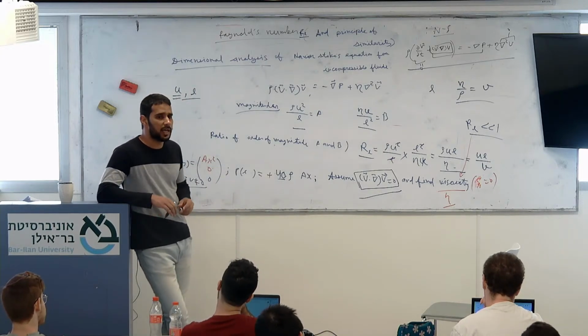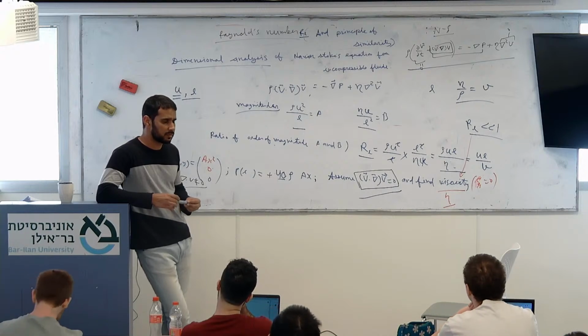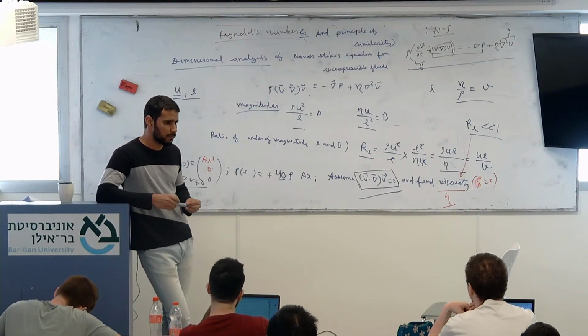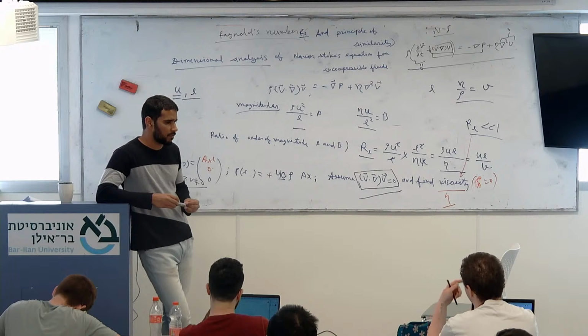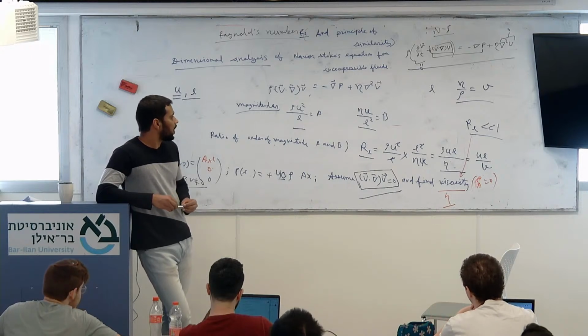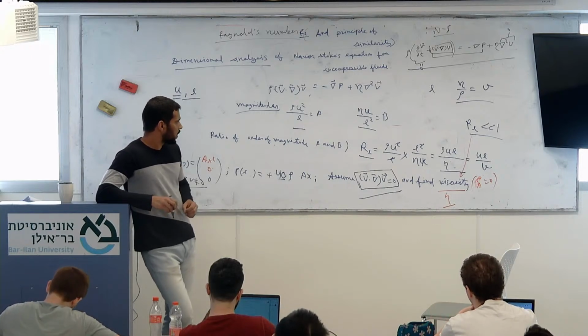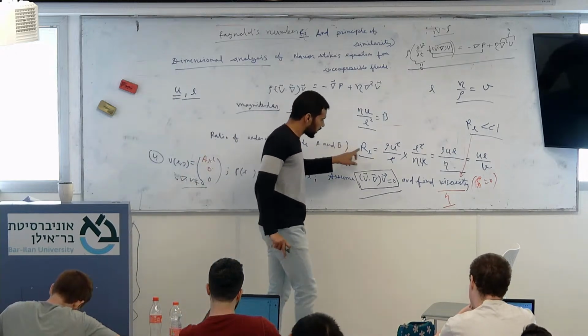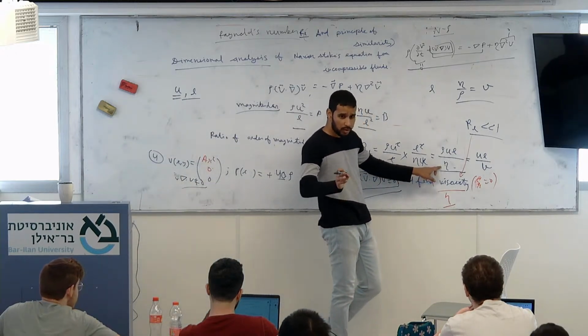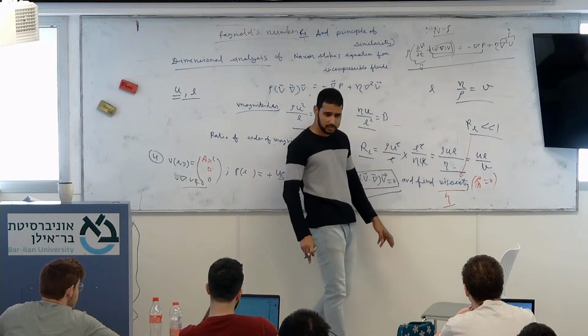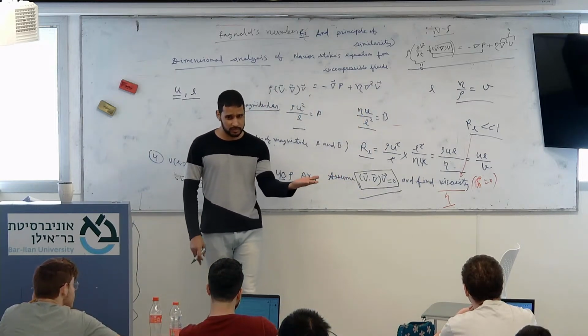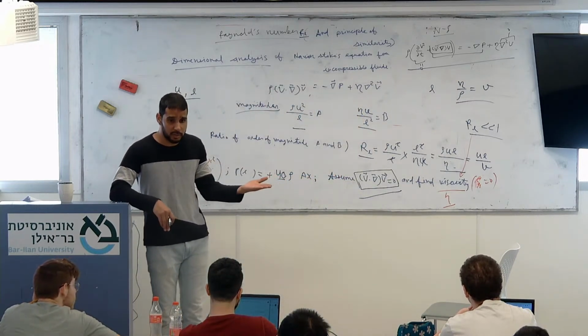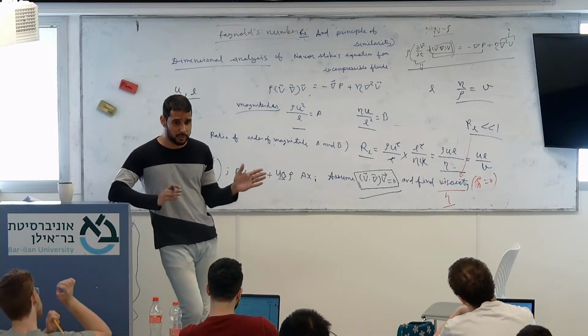What if the Reynolds number is high? Reynolds number is 0 if the viscosity is very high, or if the velocity is 0, if the fluid is not moving. It depends on the velocity of the fluid. It's not a characteristic of the fluid itself.